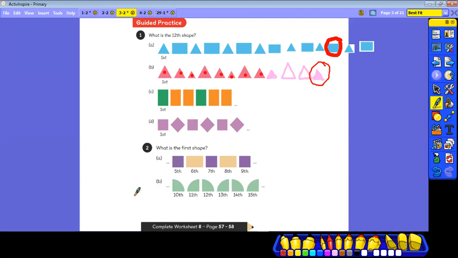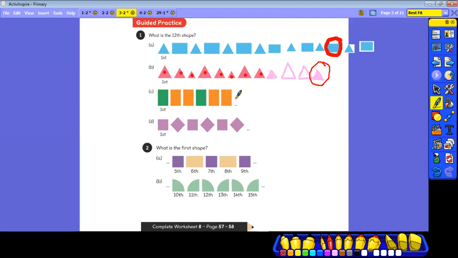Now, it might be possible to use our odd and even number facts, okay, if each shape changes in 2s, like here. But if the shapes do not change odd and even every time, then we're going to have to think of a new strategy at figuring out the pattern.